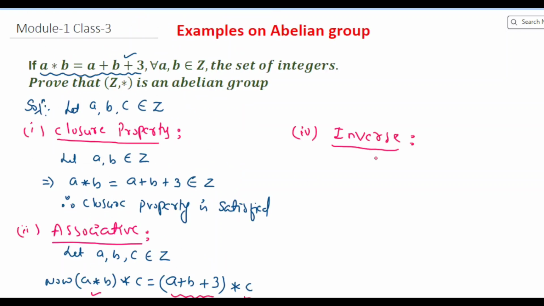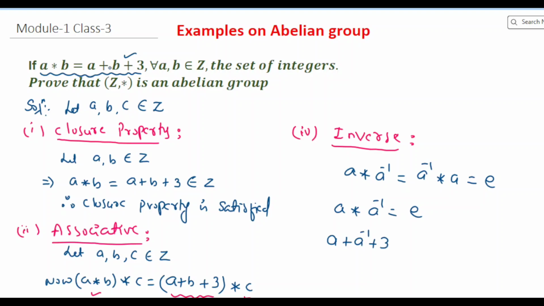Now the existence of inverse property. What is the condition for this? a star a inverse is equal to a inverse star a is equal to e. Let us consider the first one, a star a inverse is equal to e. Again this is a star b, and instead of b you have a inverse. Let us apply the same function: add the variables, that is a plus a inverse, additionally add 3.